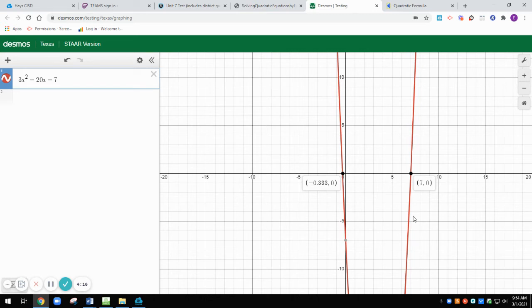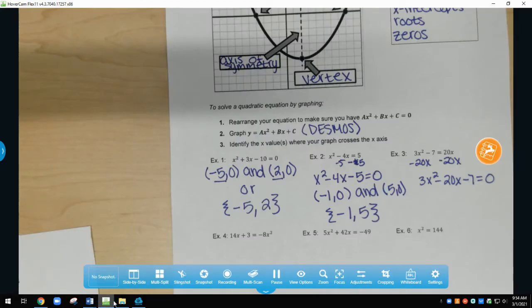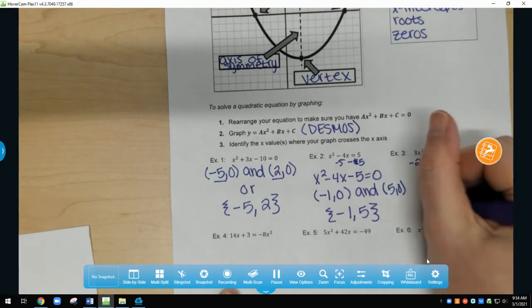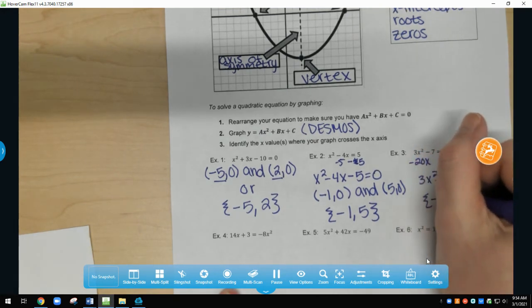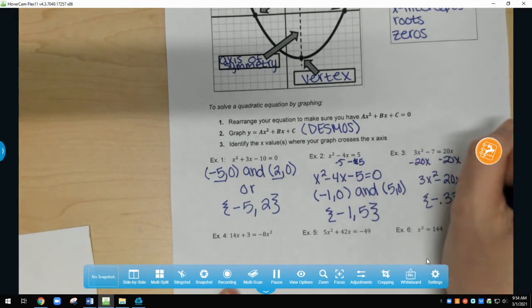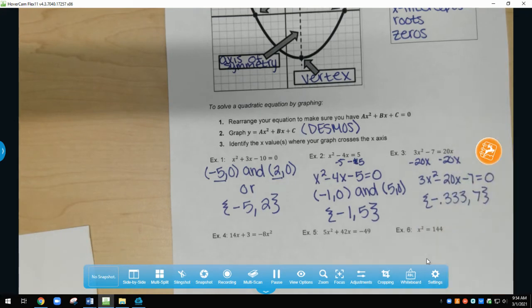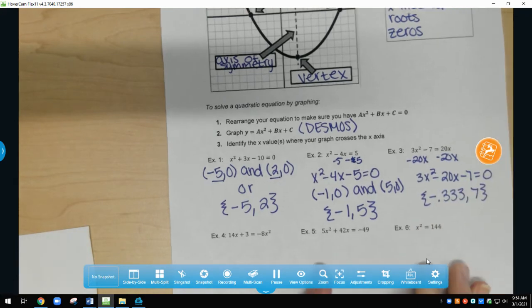Okay, so we have negative 0.333 and then 7, 0. I'm just going to write this one as a set, so I would just use the x values.